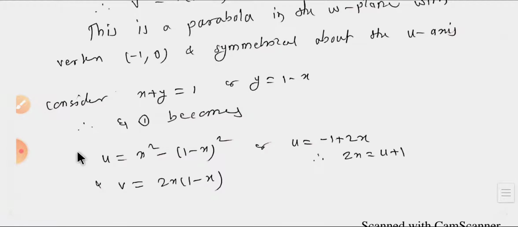And the third one is, consider x plus y equal to 1 or y equal to 1 minus x. So equation 1 becomes u equal to x square minus (1 minus x) whole square, or u equal to minus 1 plus 2x. So therefore 2x equal to u plus 1, and v equal to 2x into bracket 1 minus x.